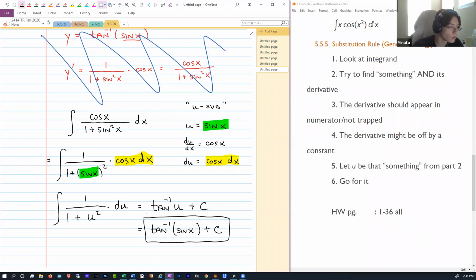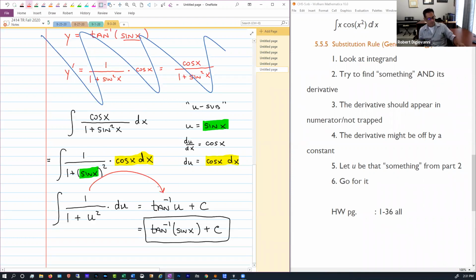I know exactly what you're asking me. So the reason is because when we're going from this step to here, we are not finding the antiderivative of each one of these separately. What we're saying is that we're trying to find the antiderivative of all of it, including the du.